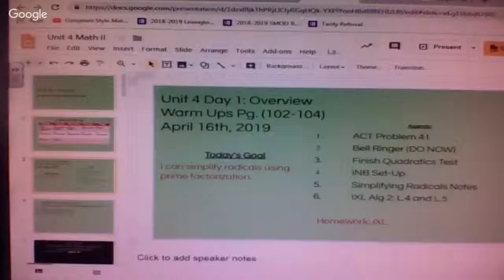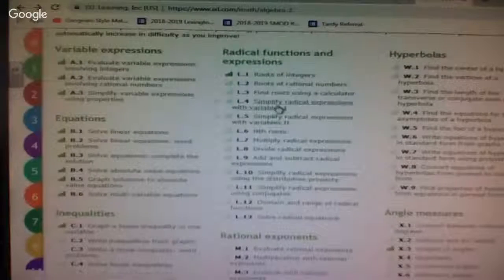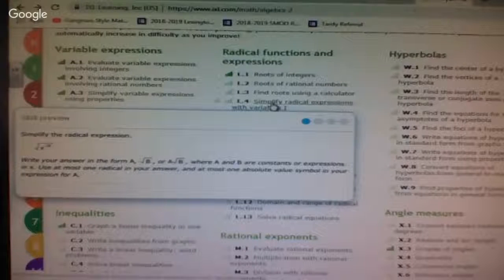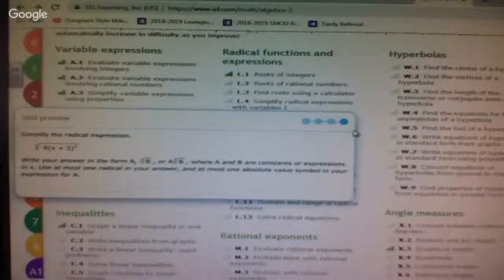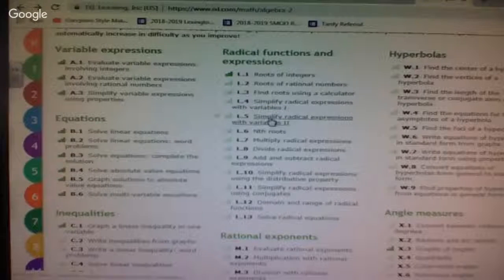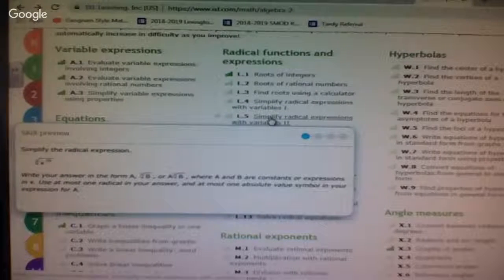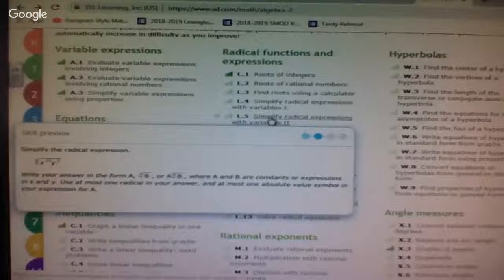L4 is going over simplifying radical expressions, some basic ones. Write it down and simplify. L4 and L5.